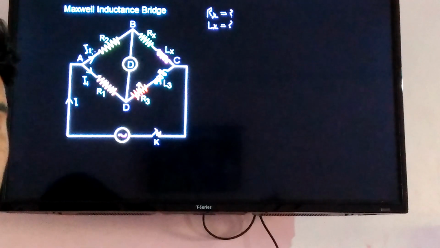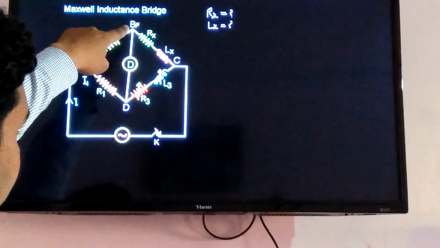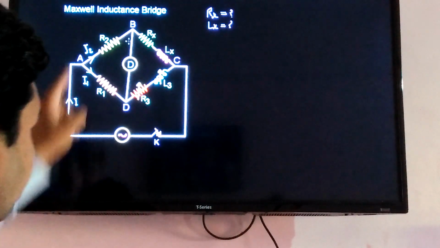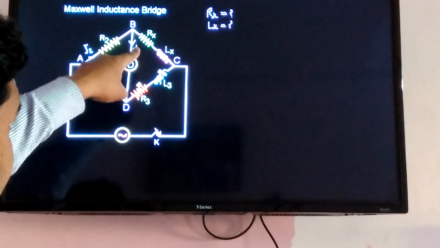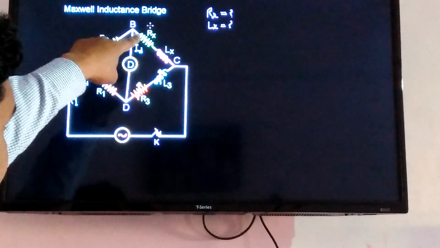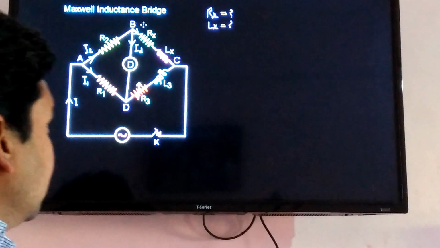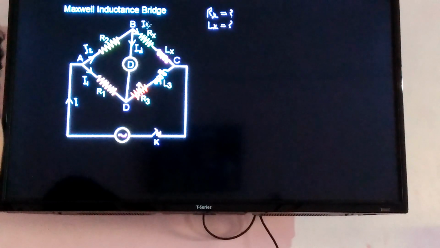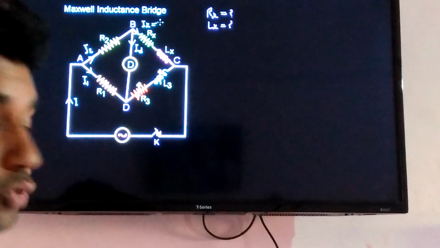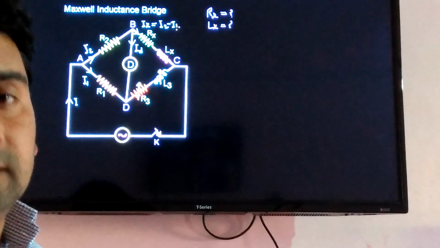And when this current goes from here to this point, it again splits into two parts. The first one is ID, and at this point it is IX. You know very well the value of IX is equal to I2 minus ID.